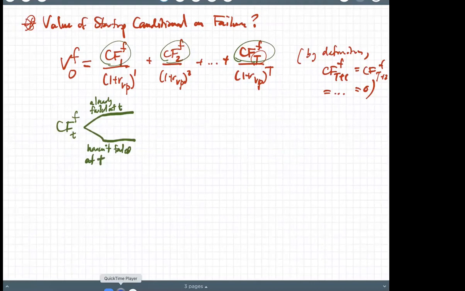If you've already failed at time t, then your cash flow is 0 because you're no longer operating. You generate no cash flows thereafter. Now, what would be a good estimate of your cash flow at time t if you haven't failed yet? I'd argue that number should be equal to the cash flow at the same point in time, conditional on success.